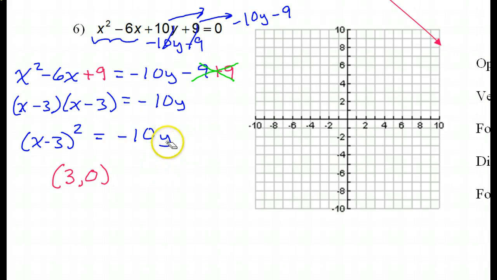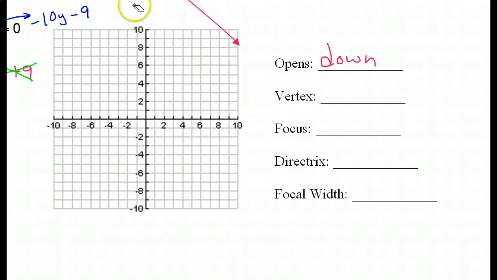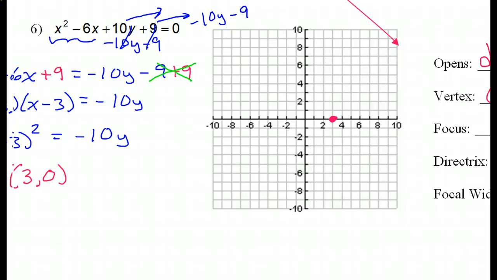Just know that if it's just y by itself, that's a 0. So 3, 0. That's over 3 and up nothing. So that's my vertex.